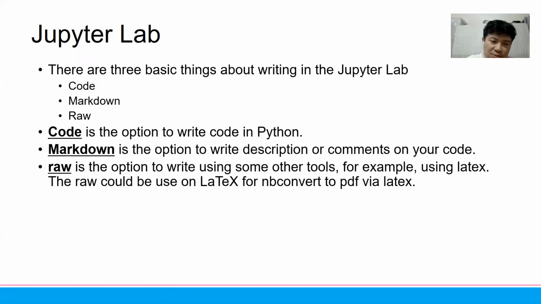So I will not explain the raw because it's not related with our course. If you want to make a document in LaTeX, it is good to understand the raw. But for this semester, I will exclude the raw. If you want to study about raw, then you can proceed with your own self-study.